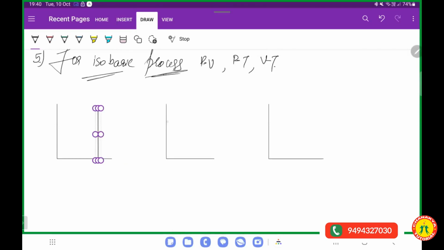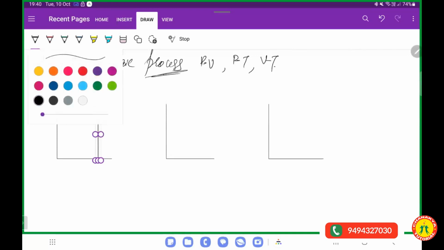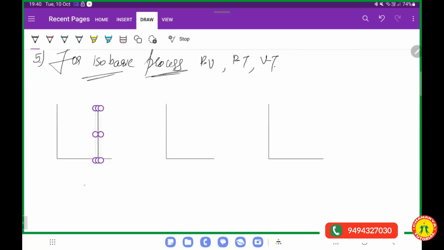This is PV. Wait, let me write this. This is your P and V. Because I have drawn P, this should be P. I don't want to change.